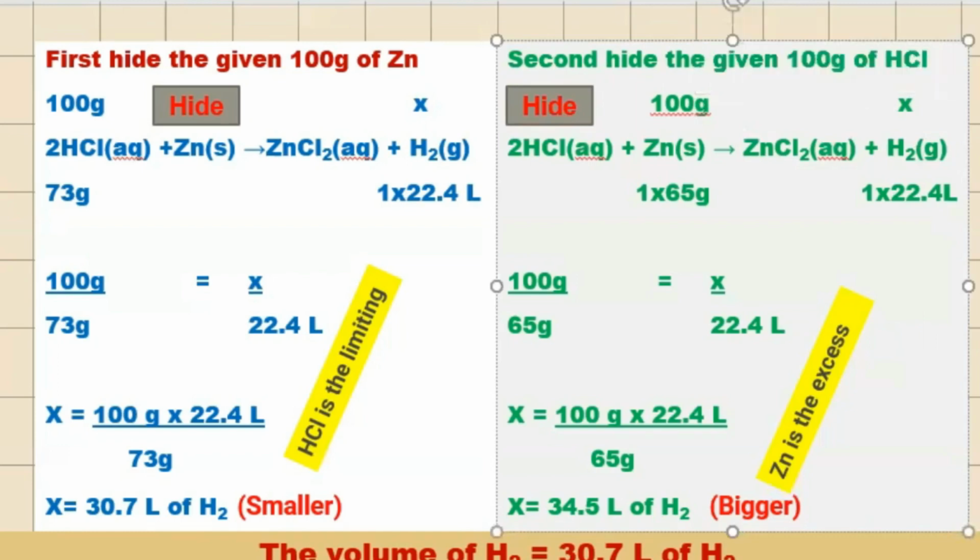The given mass of zinc is 100 gram divided by 65 gram, which equals X over 22.4 liter. This gives 34.5 liter of hydrogen gas.